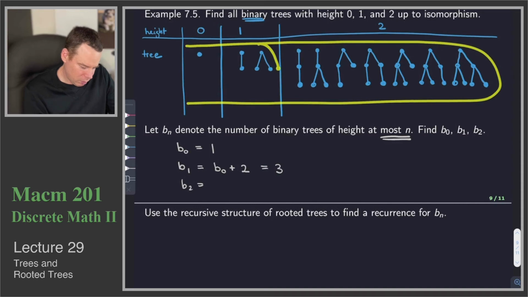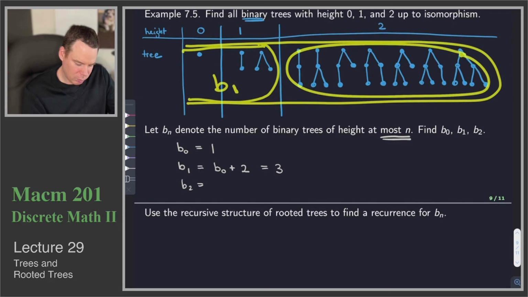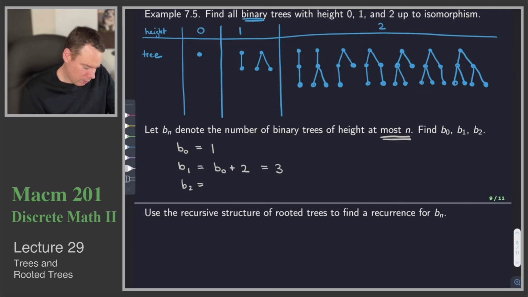But we've already counted these ones here. That's B1. So if I just take B1 and add to it the number of trees I found at height 2, then I will get my answer. So this was B1 plus 7, or in other words, 10. So there's 10 in total. Height at most 2, there's 1, 2, 3, 4, 5, 6, 7, 8, 9, 10 of them.